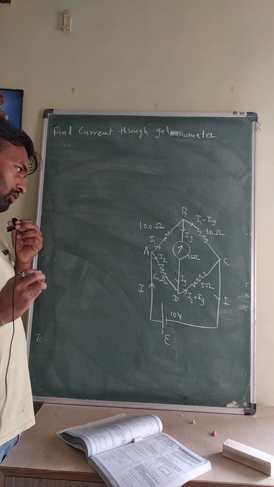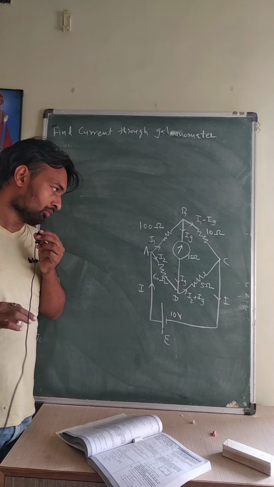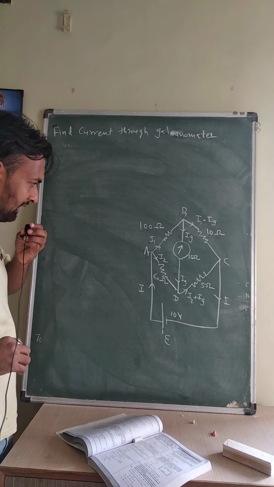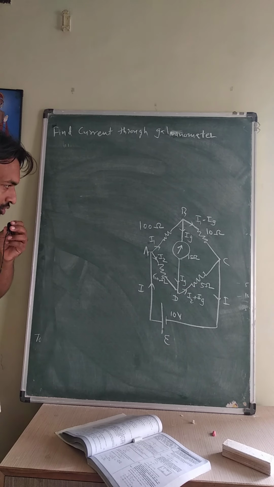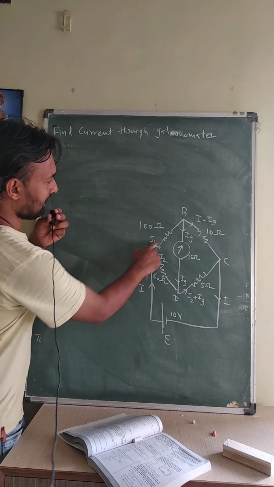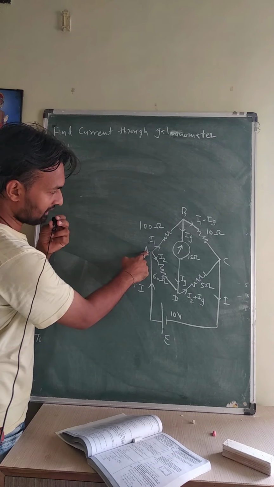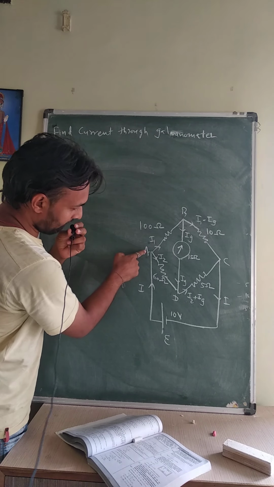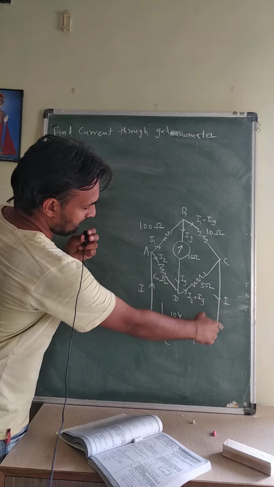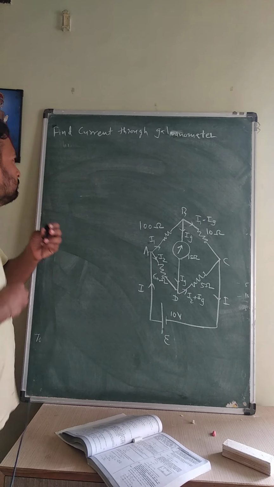I hope you know Kirchhoff's loop rule and how it is applied to different circuits. I will apply it to the loops A, B, D, A, then B, C, D, B, and then A, B, C, A.